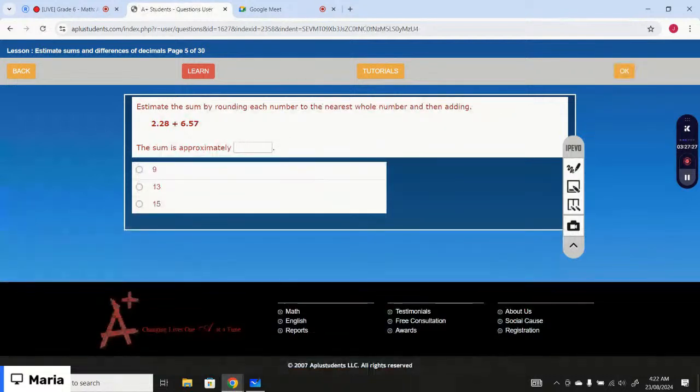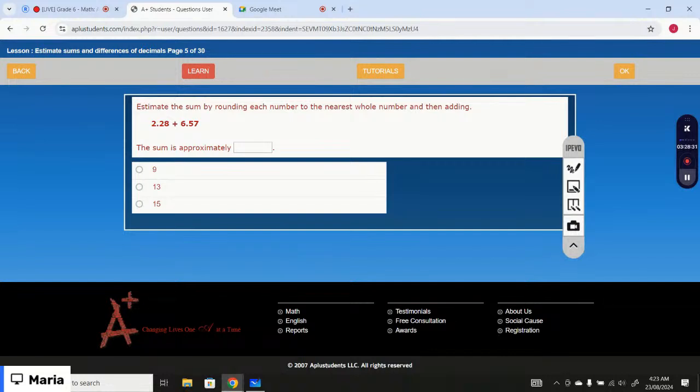Okay, the next one is 2.28 plus 6.57. So which is the correct option? 9 it is.